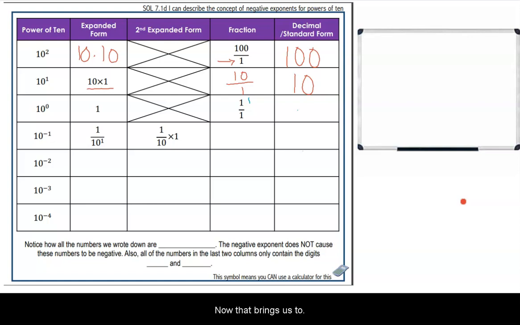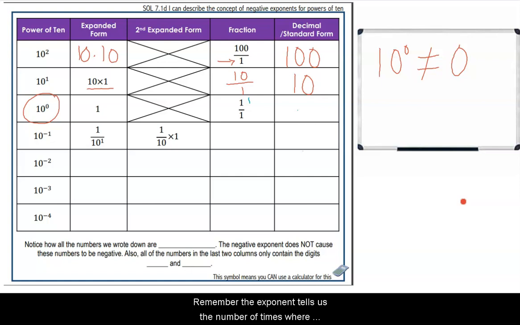Now that brings us to 10 to the power of 0. Common mistake, I'll show you over here. 10 to the power of 0 is not 0. Remember, the exponent tells us the number of times we're multiplying a number times itself.